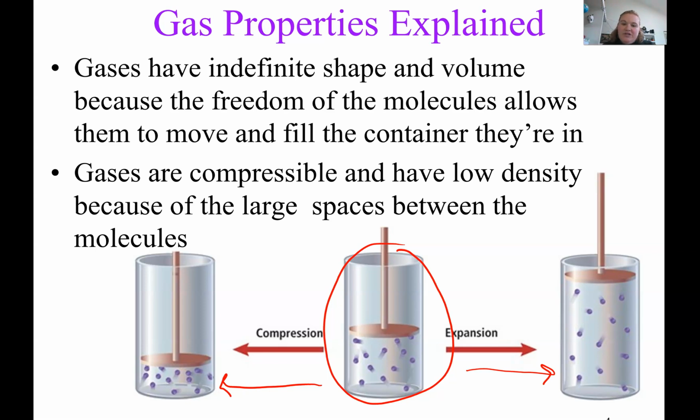Going to the right shows that they fill up the given volume. It's a good picture because it illustrates both halves, the motion of the gas molecules as well as the empty space. Those two properties help explain all of the characteristics we know about gases.